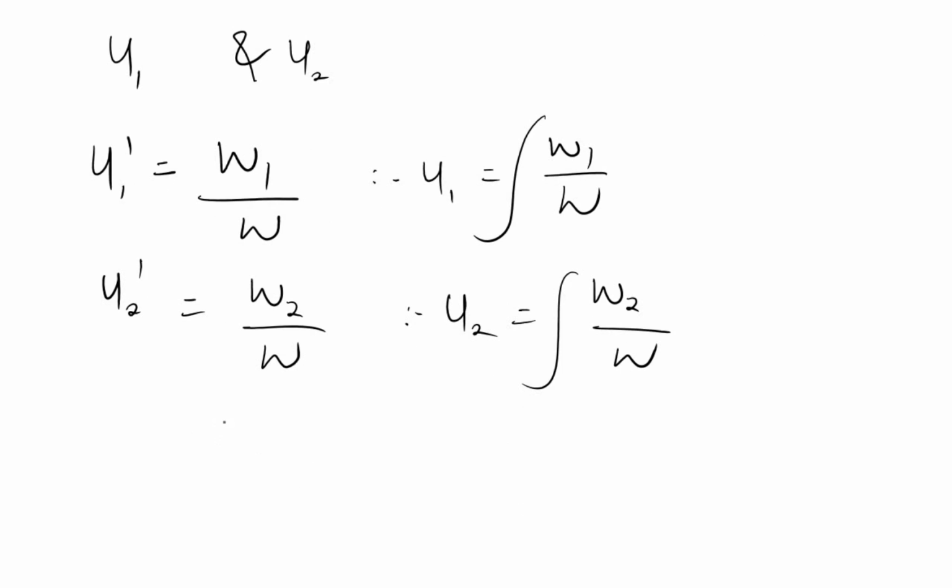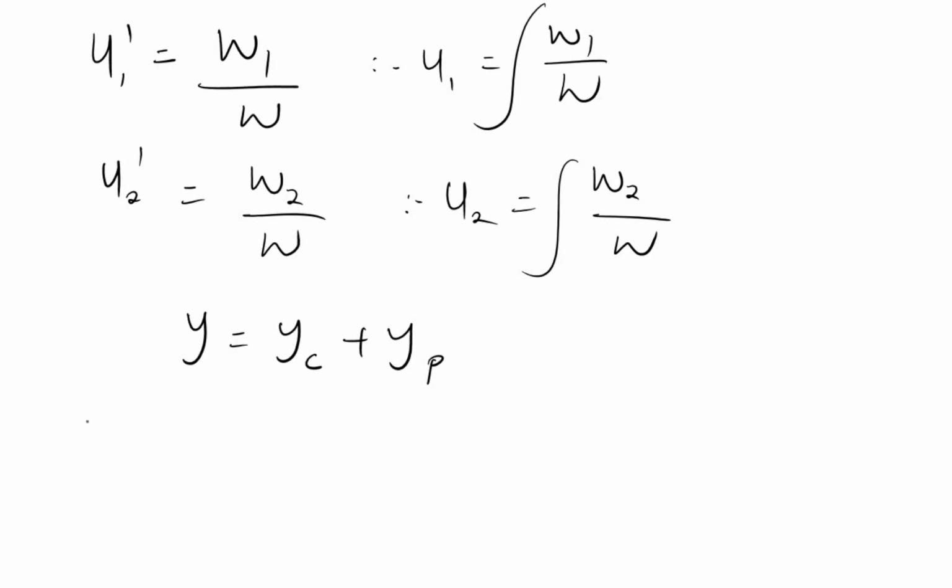But what will I use u1 and u2 to do? Because the general solution of my differential equation using variation of parameters is given by y is equal to complementary solution plus particular integral solution. And this complementary solution yc is what I've gotten from the above as c1 exponential m1x and c2 exponential of m2x. I've already gotten it because I have my m1 and m2.